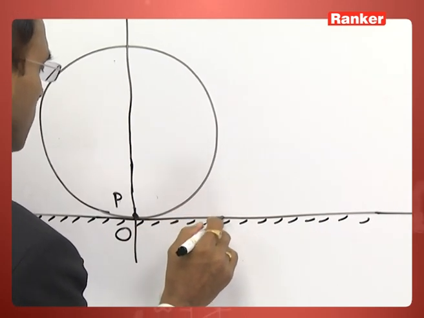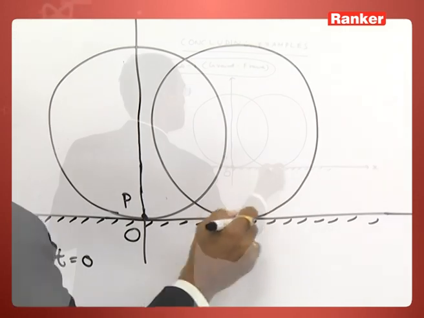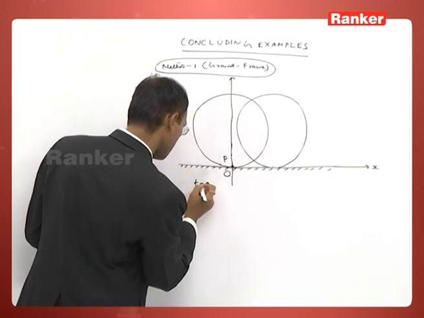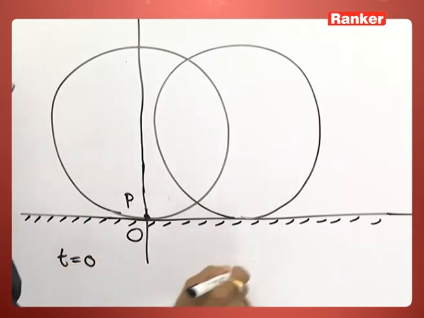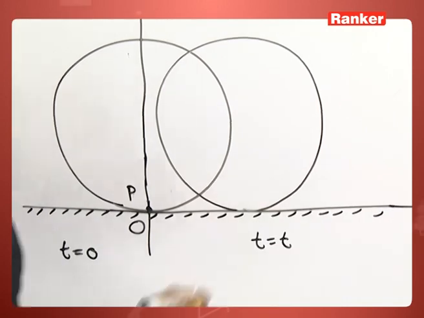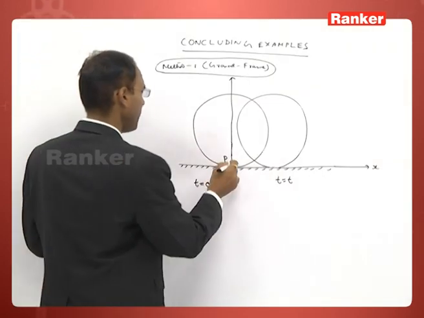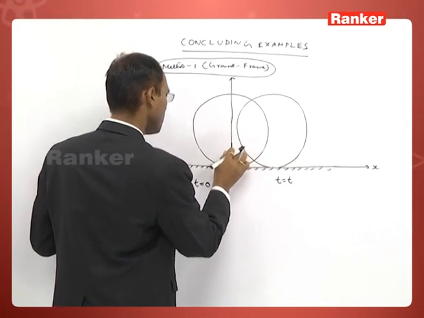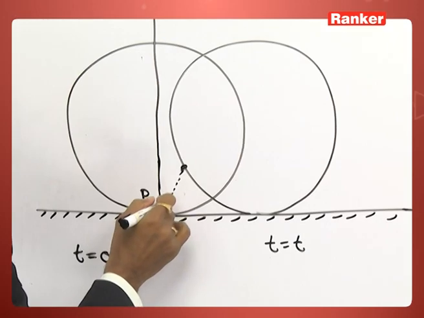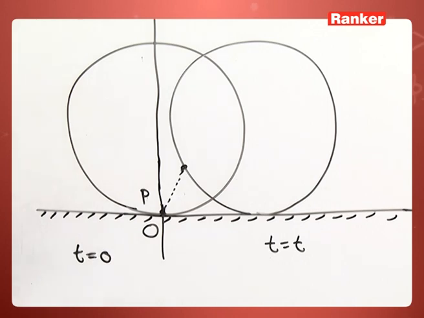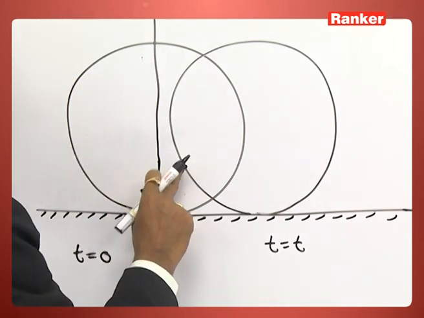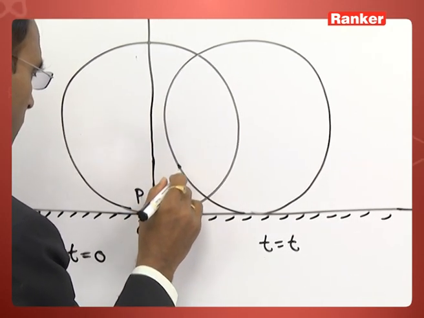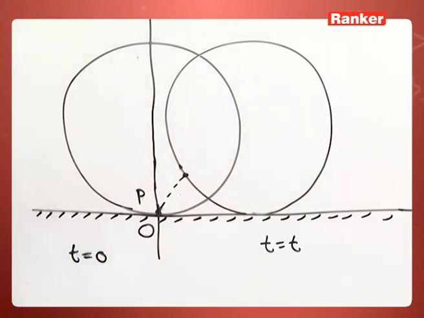Let us assume that the cylinder rolls for some time without sliding. After time t, this point P moves from this point to this point, following a path given by this dotted line.